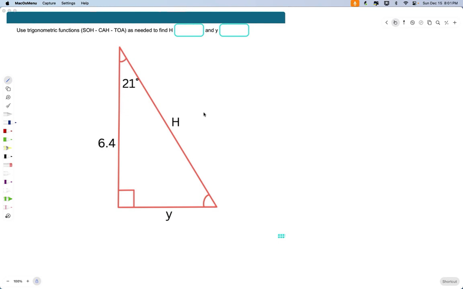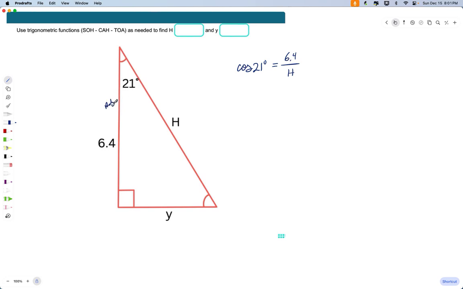All right, so here we're going to find H and y. So let's see. We're going to use the cosine of 21 degrees is equal to 6.4 over H. Because when we're talking about this angle, this is the adjacent, and of course this is always the hypotenuse.